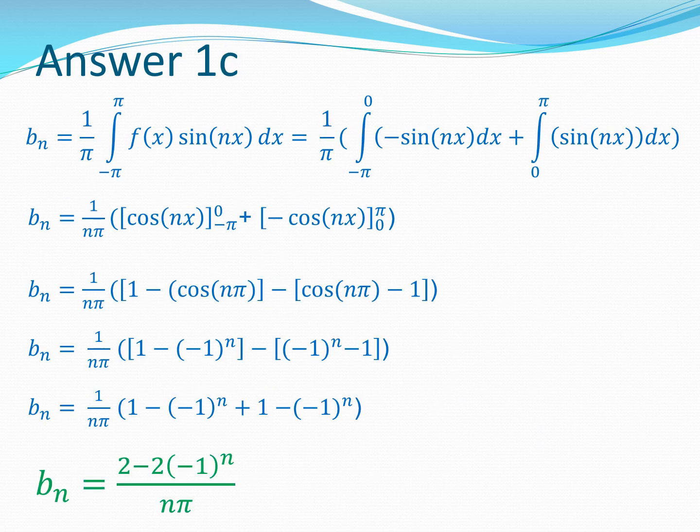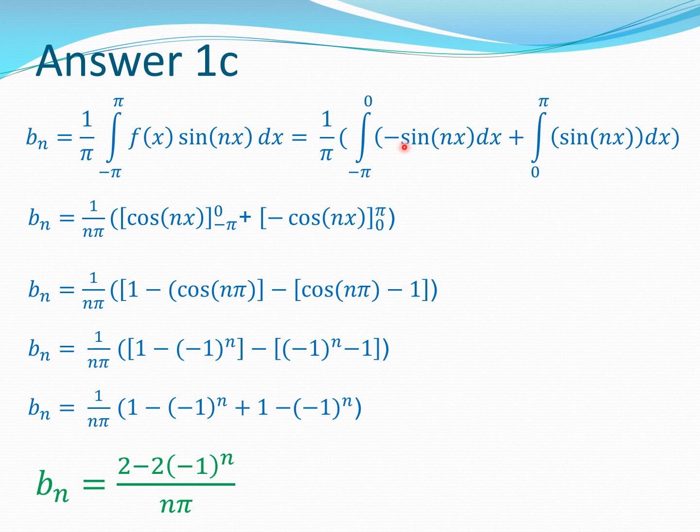Now let's come to the Fourier coefficient which is important for this problem and which is non-zero, and that is the term involving bn. bn is given by this integral here, 1 by pi, minus pi to pi, f(x) sin nx dx. Again we split this integral into the minus pi to 0 and 0 to pi parts.